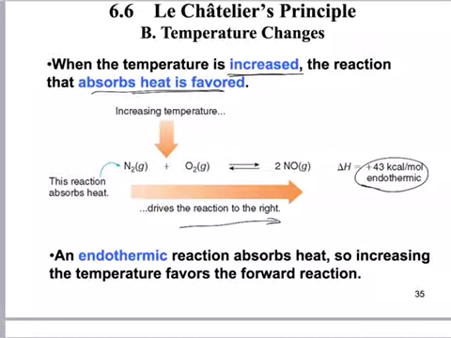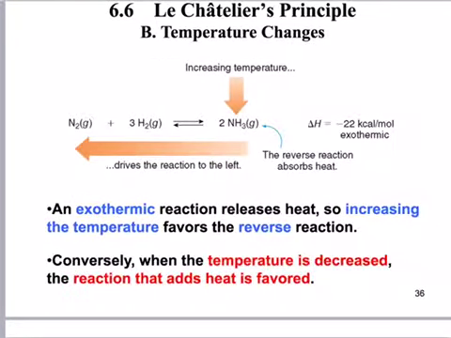We can think of heat, and I'm going to use a different letter, Q. Heat is equal to Q. In an endothermic reaction, Q is a reactant. In other words, by increasing temperature, I'm increasing the amount of reactant. That drives the reaction to favor the products, or favoring the forward reaction.